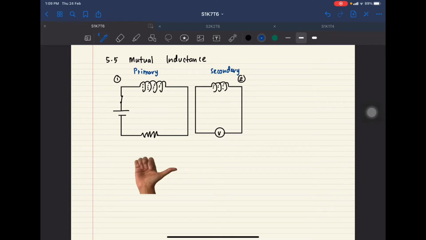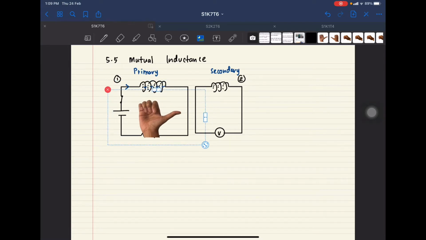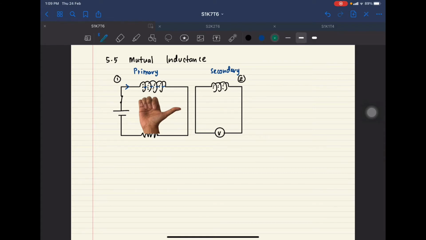Since the direction of current is always from the positive, it goes in that direction, so over here you have current flowing in that direction. Initially you can use the right hand grip rule, so your fingers are pointing towards the current direction and your thumb will be pointing to the north. As a result, it will produce a magnetic field in that direction.